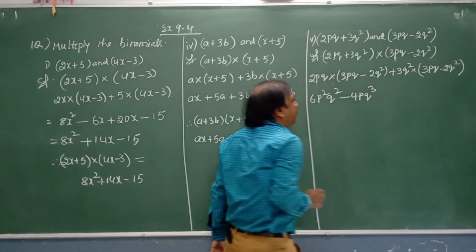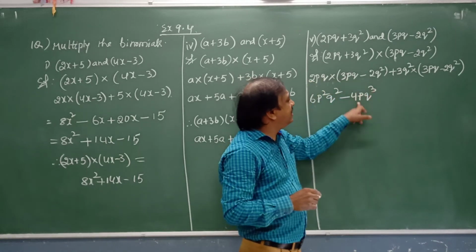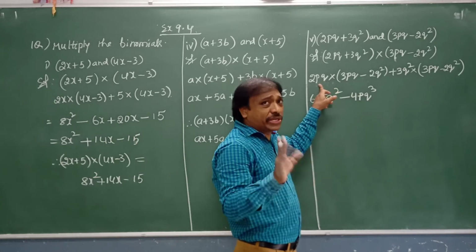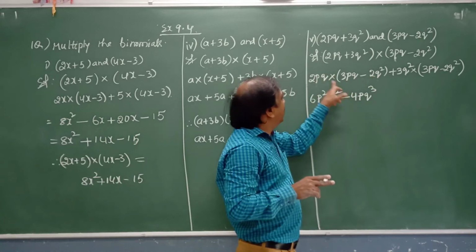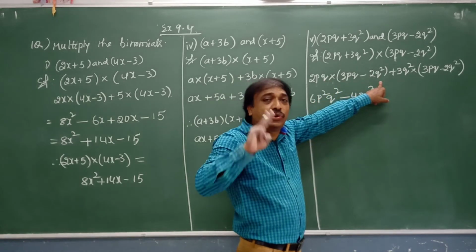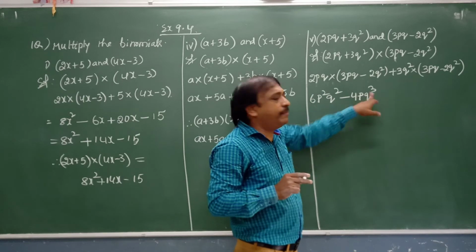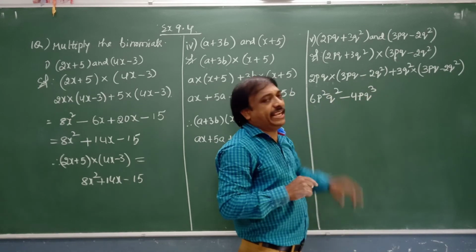Here it is plus into minus, minus. 2 2s are 4. Here we have only p, no q. Here we don't have p. So p, q into q square. Here power 2 and here power 1. So 1 plus 2 will be 3. So minus 4pq power 3.